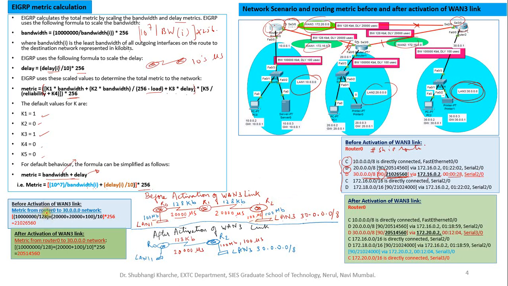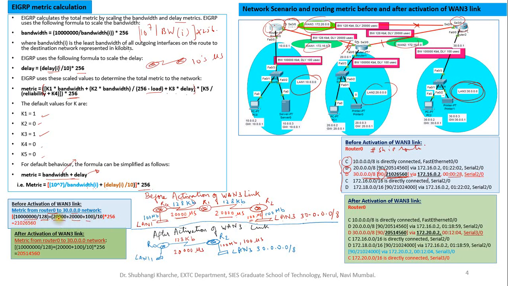So the metric from R0 to the 30. network is calculated as 10 to the power 7 divided by 128, which is the least bandwidth of the outgoing interfaces, plus the cumulative delay, that is 20,000 microseconds plus 20,000 microseconds plus 100 microseconds.